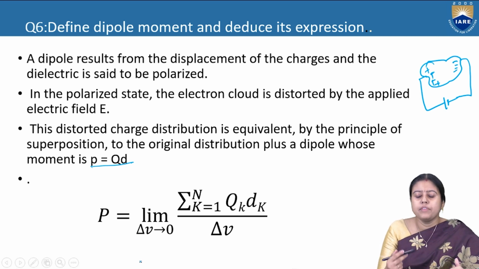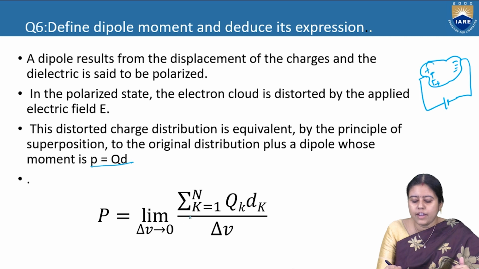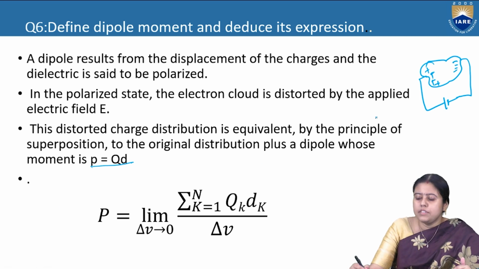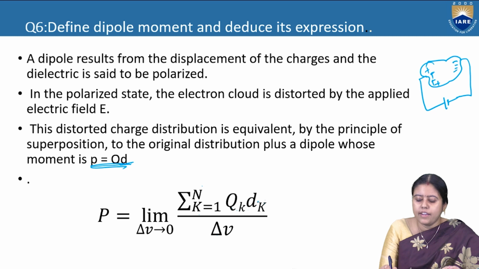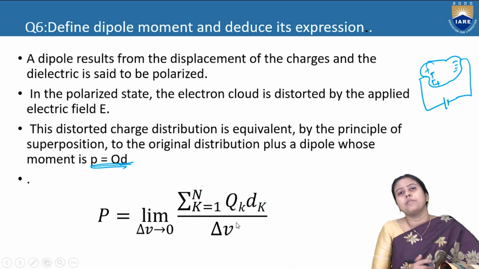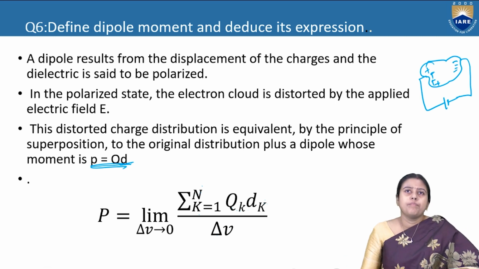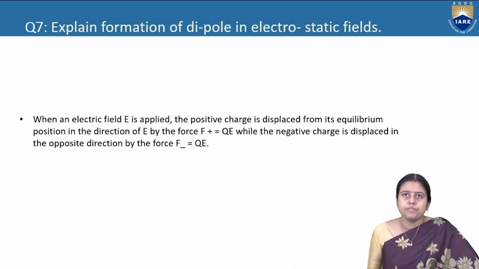And if there are lots of charges, we can write the total moment as the summation for k equals 1 to N of Q_k D_k. For one charge it is Q_k D_k. So for N number of charges it is the summation of Q_k D_k from 1 to N, and we are calculating per unit volume by delta V.